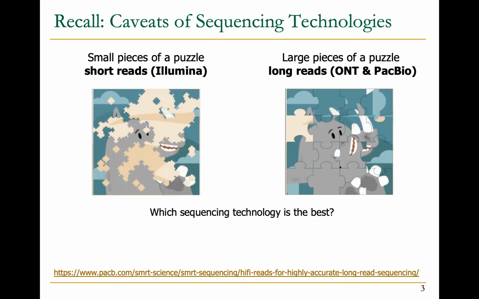Usually the question is, which sequencing technology is the best? Which one should we use? There are certain trade-offs between these two types of sequencing technologies. The first trade-off is that second generation sequencing technologies, or Illumina specifically, produce very short reads, usually around 100 to 300 base pairs.